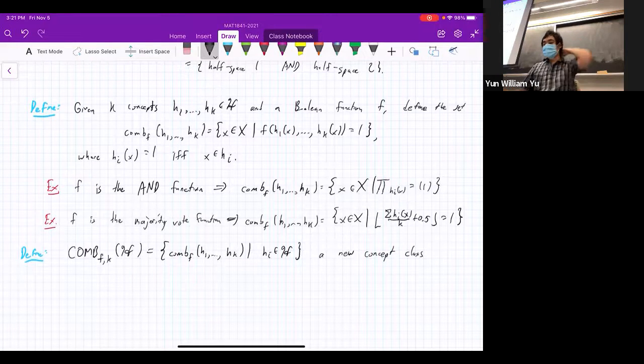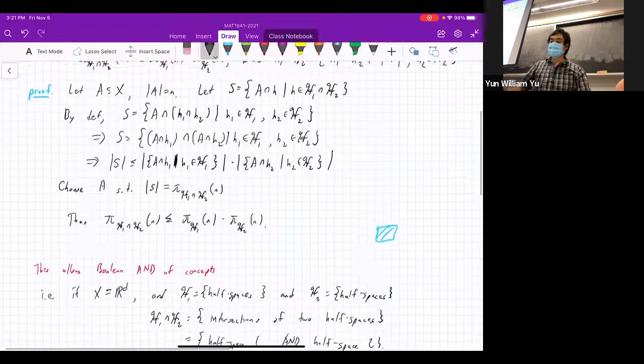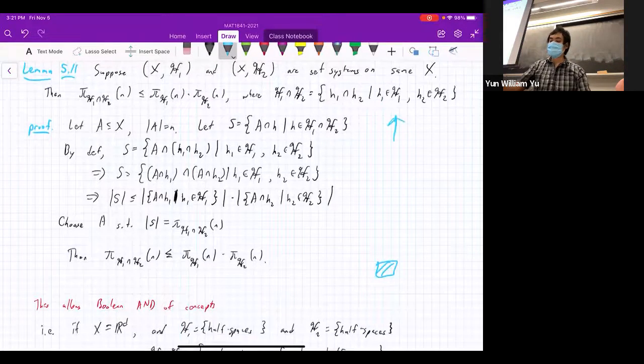So for example, if we had combining of the AND function where k is equal to 2, that gives us precisely the concept class that we talked about up here.